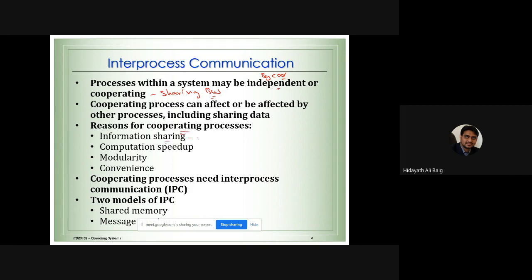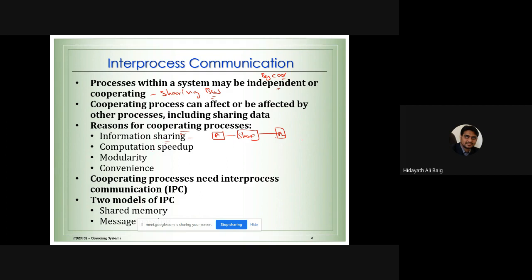Information sharing is like two processes, they can share the information. So say for example, process 1, process 2 can share the information easily if we have cooperating processes, like you are sharing the bus. Now another reason is computation speed up. Why do we cooperate?